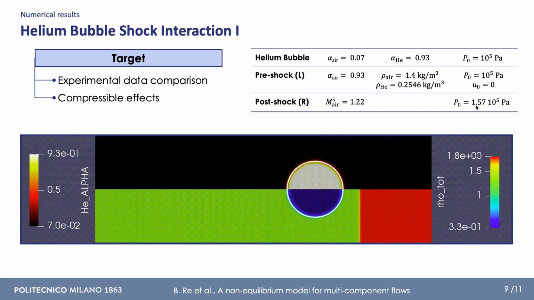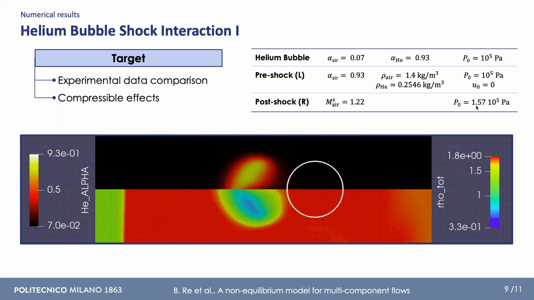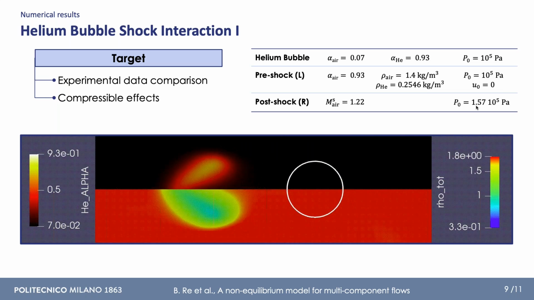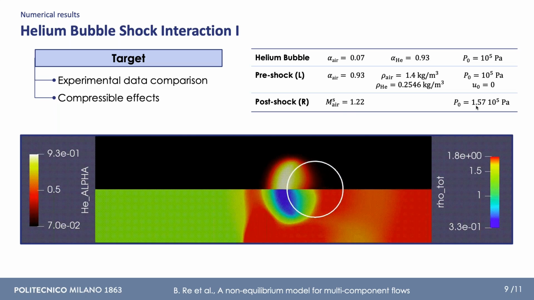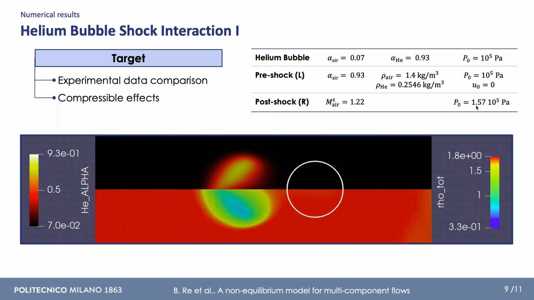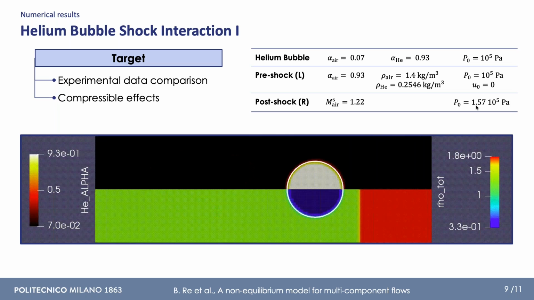The second test is again a validation one, in which we have the interaction between a shock in air and a bubble of helium. So in this circle there is helium at the beginning, while here there is mainly air. In this case the Mach numbers are not so small, and so we want to check if the scheme is also able to work with compressible flows, even if we are not really at low Mach number.